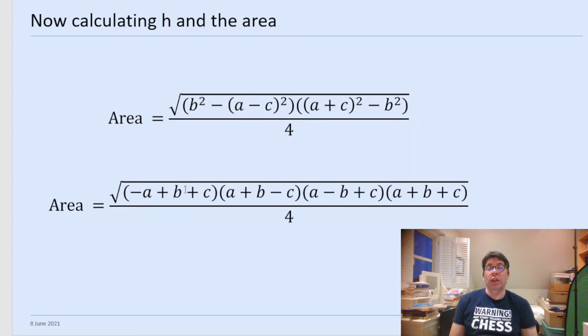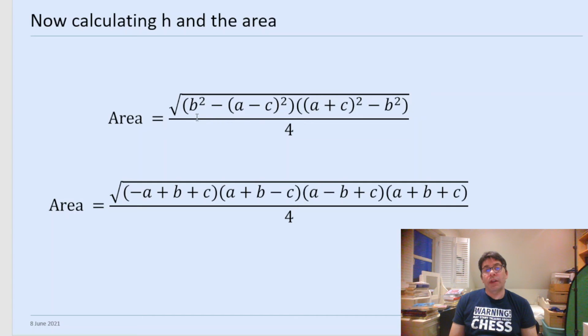Now this is looking a lot like Hero's formula now, isn't it? So we've got these four factors. This factorises the difference of two squares like this. A plus b minus c and minus a plus b plus c. Basically, let's look at exactly why, because b is playing the role of x, a minus c is playing the role of y.